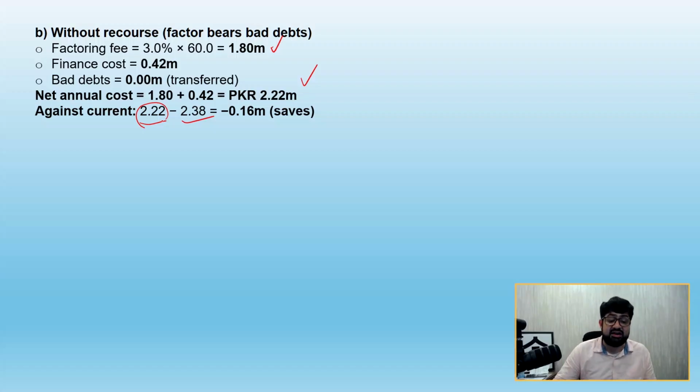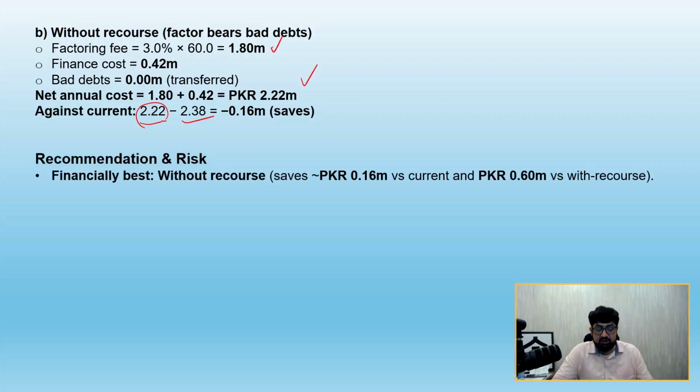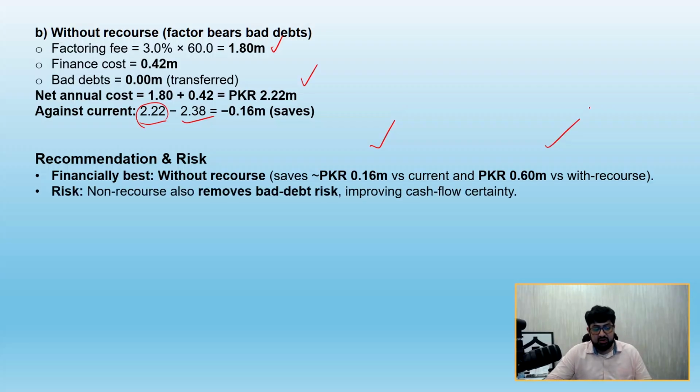So without recourse factoring is beneficial. What is the recommendation? Without recourse, it saves money, right? With recourse, it is worse. Now, risk: non-recourse removes bad debts risk.